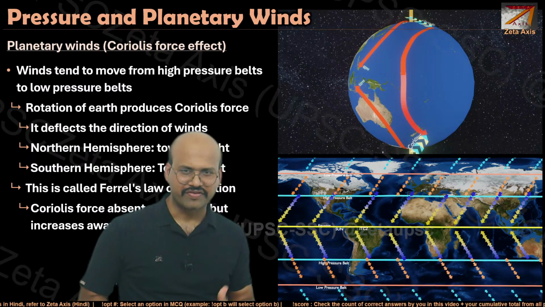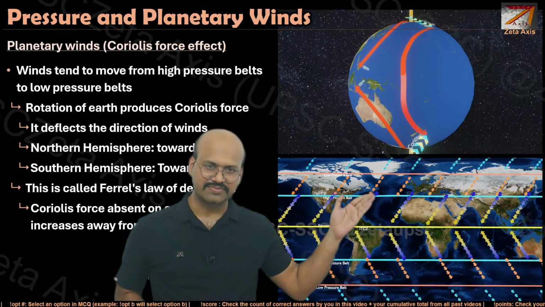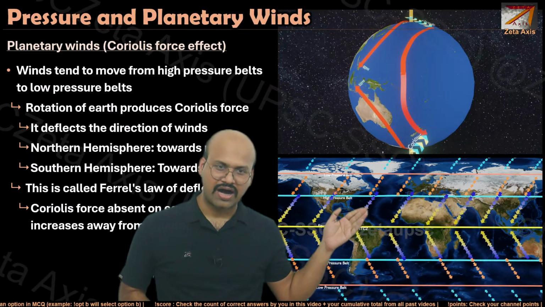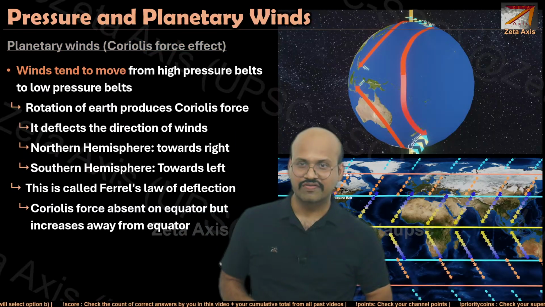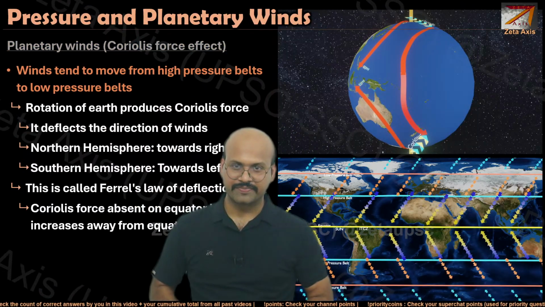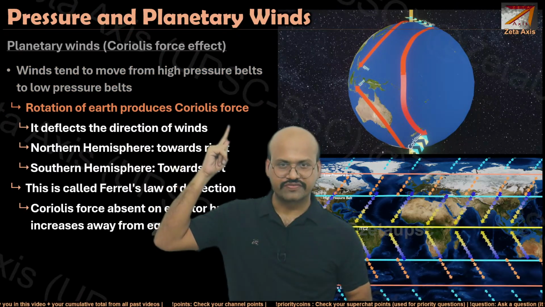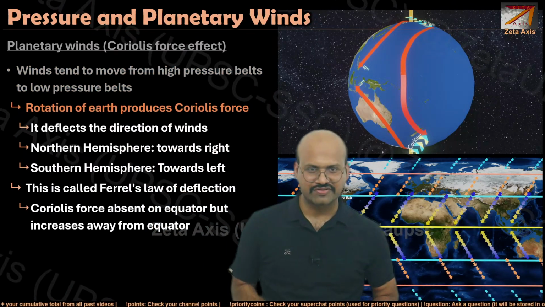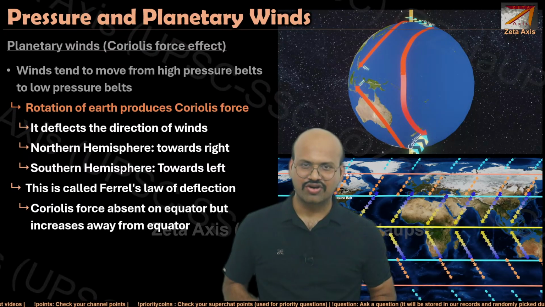That is one of the very obvious things, but do keep in mind that all these wind systems are moving from a high pressure belt towards a low pressure belt. So the first important thing is that winds tend to move from high pressure belts to low pressure belts. Now, rotation of the earth produces Coriolis force. We have made a very extended video on this. I will not be going into detail on Coriolis force, but will discuss it only in brief.